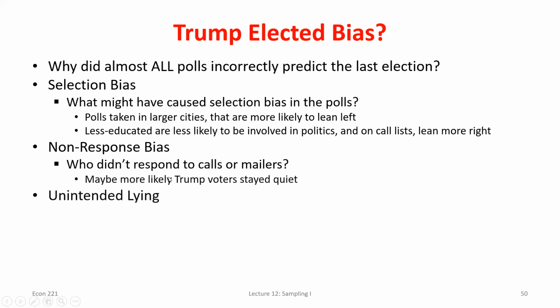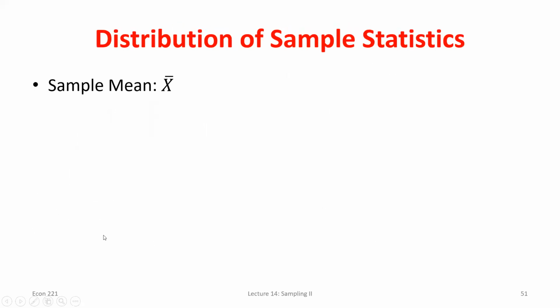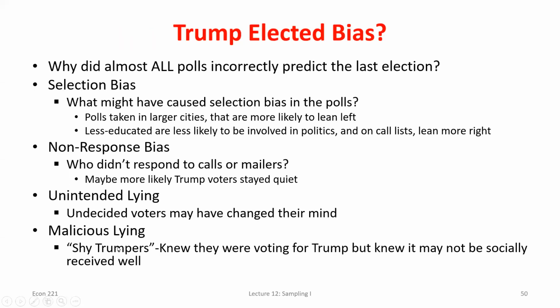More so, and I'll come back to this in a second, this article brands them shy Trumpers, which were people who either responded as undecided or lied and said they weren't going to vote for Trump, even though they knew they were, because maybe they felt some type of social pressure and didn't want to make it known they're voting for this guy, right?